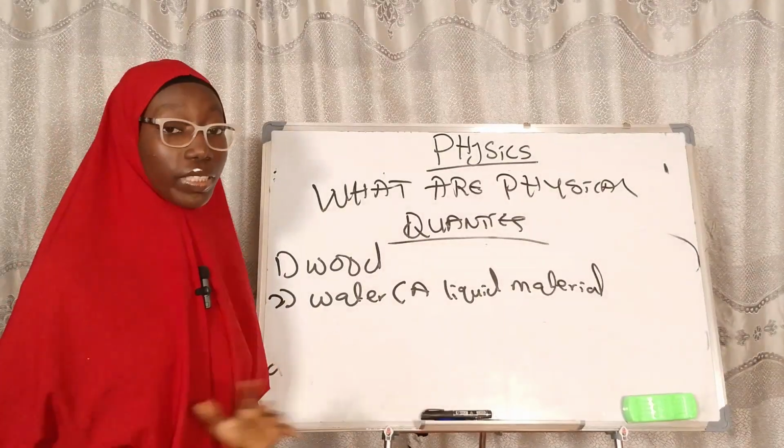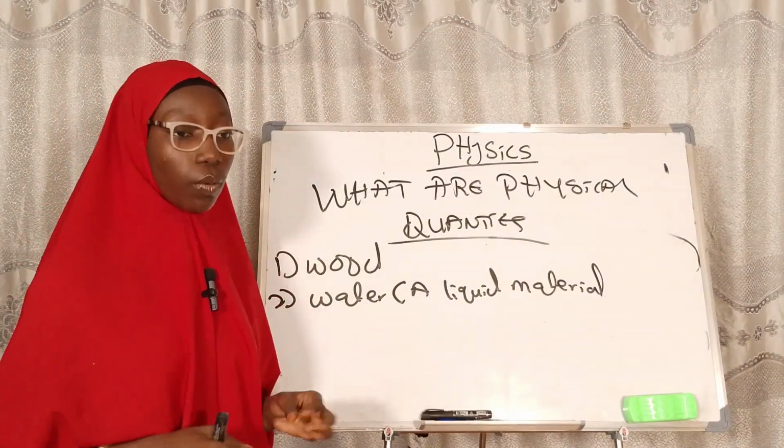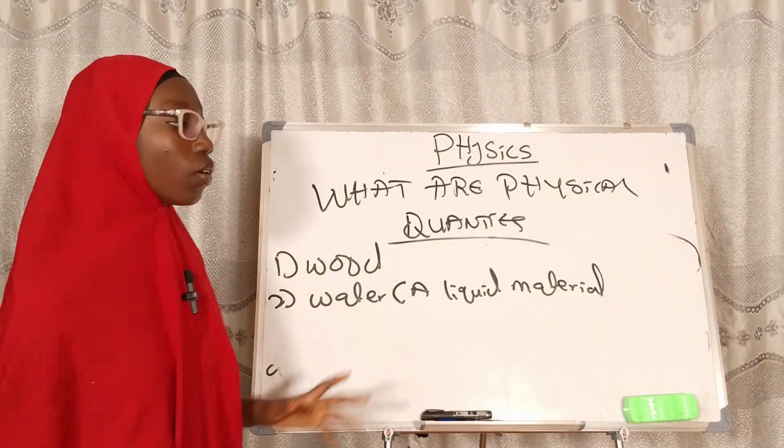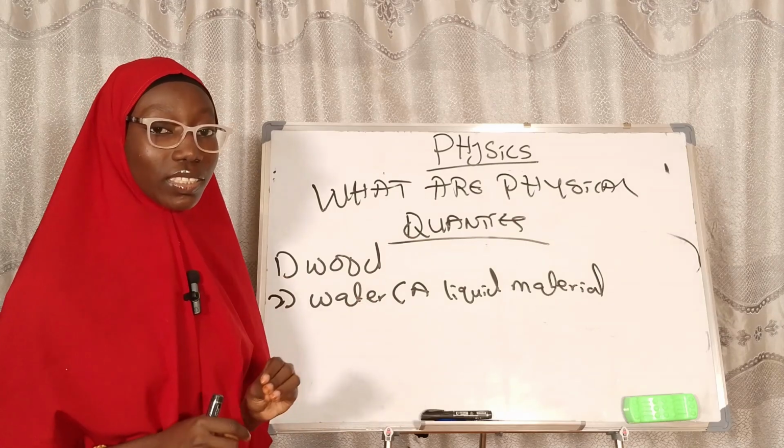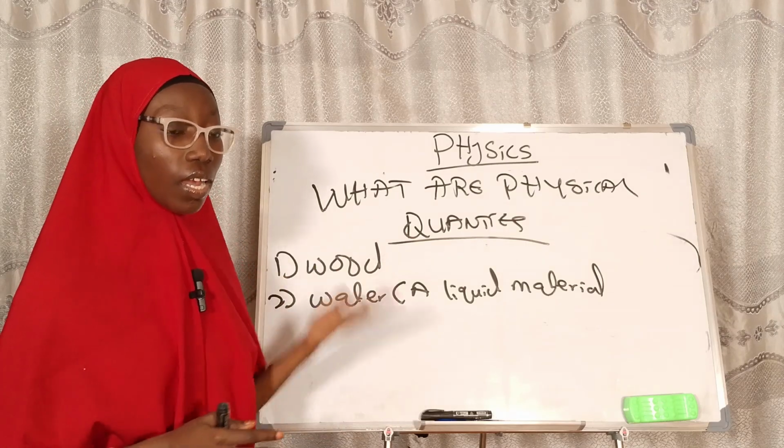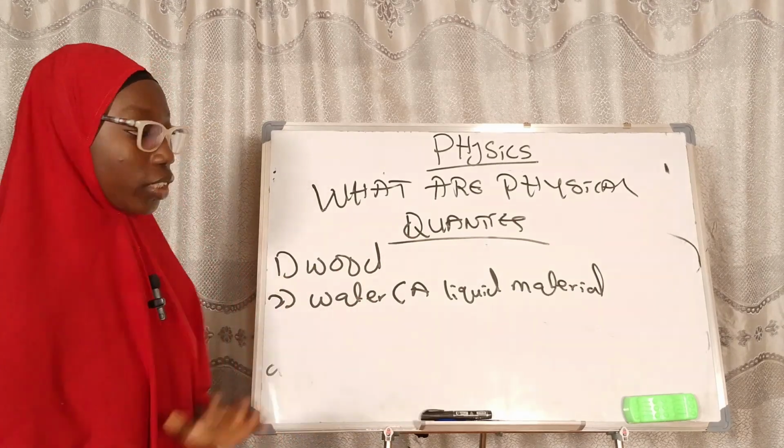Iron, a metallic material. Air, a gas, but still a material. So, physical quantities are characteristics or attributes of things like length, mass, temperature.